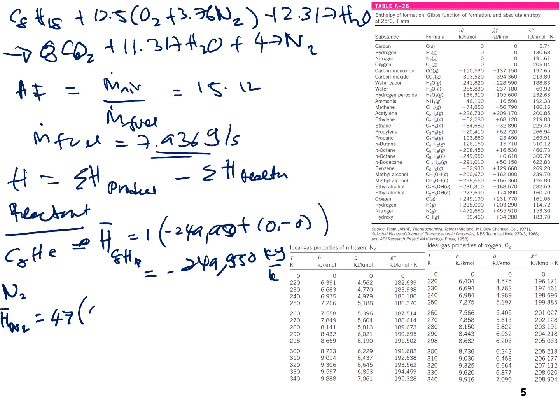Enthalpy of formation dia sama dengan kosong plus 310 ya, 9014 tolak dengan 298 8669. Sembilan kosong satu empat tolak 8669 kali dengan 47, 16215 kilojoule per kilomol. Okay.